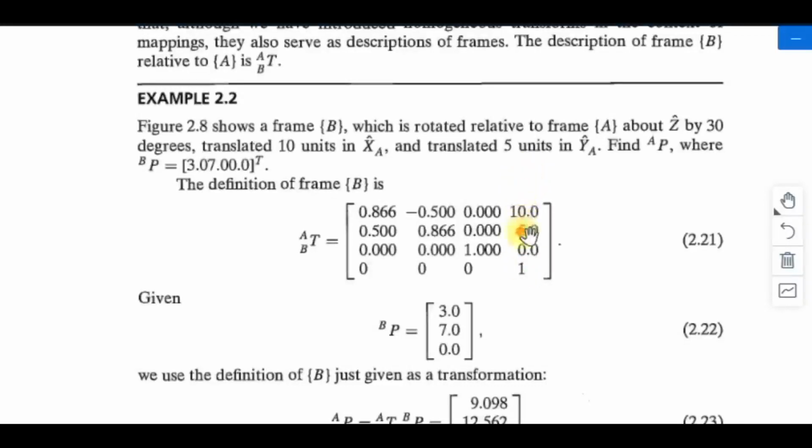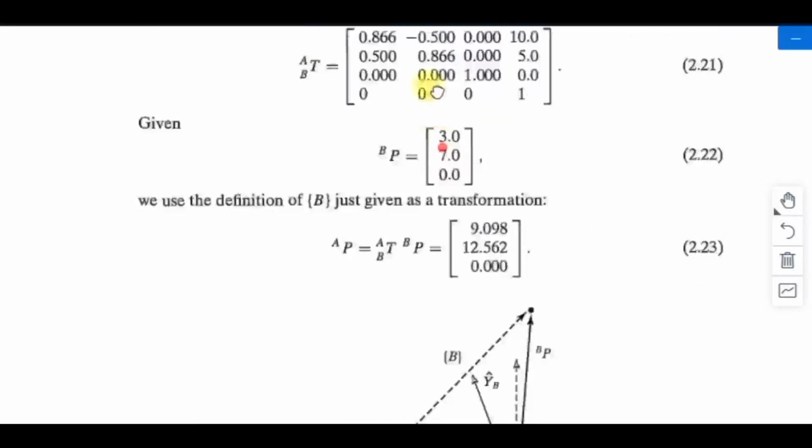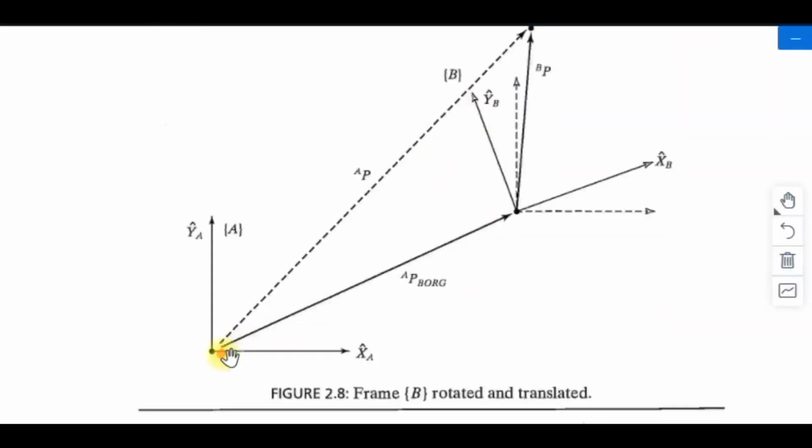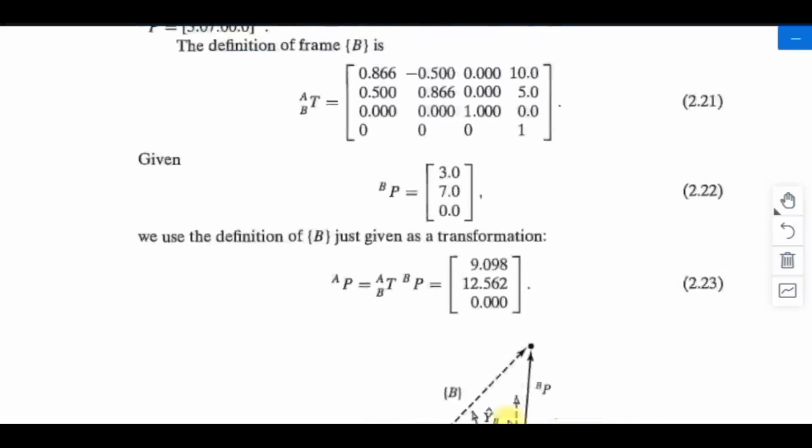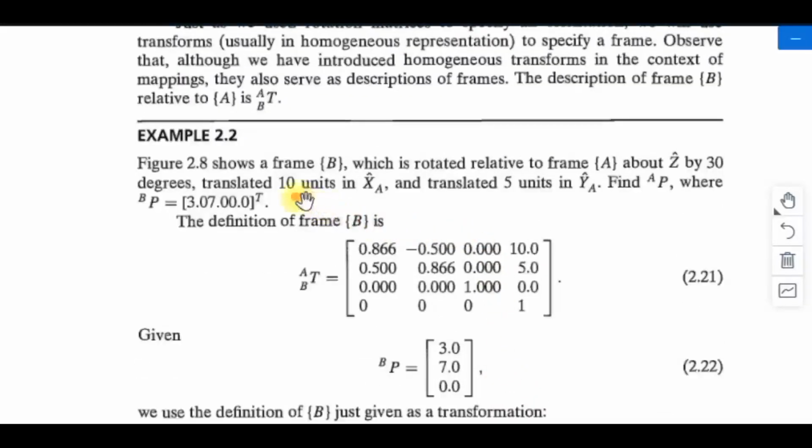This translation part is for X, Y and Z. Here it says translated 10 unit in XA and translated 5 unit in YA, means the origin is translated by 10 unit and 5 unit, and there is no translation in the Z direction, so it is 0.